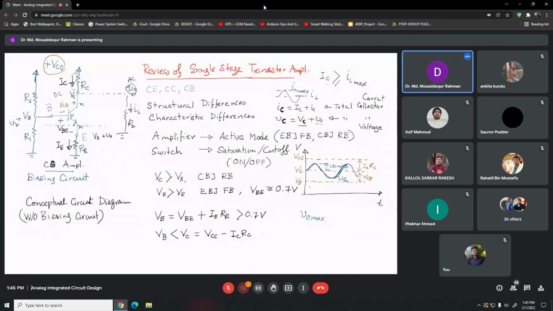This should be less than or equal to VCC minus VC, which is ICRC. And it should also be less than or equal to VCB, Vomax.